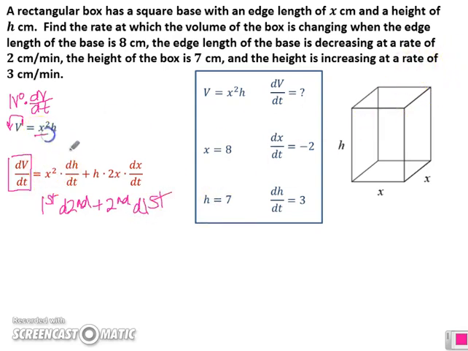So the first is x squared, so that one doesn't change. The derivative of the second, well, that's h to the first power. It's the same thing as this v to the first power. It's going to look like 1 times h to the 0 power. Anything to the 0 power is just 1. But we had to take the derivative of an h and did it with respect to time. So every time you take the derivative of a variable, you have to state what you're doing. You have to state that you're doing it with respect to whatever.